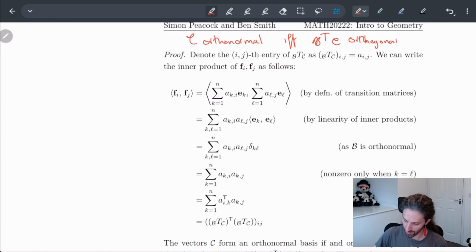So let's look at this. Let's look at the ij-th entry of the transition matrix from B to C, and we're going to denote it as a_ij. This is the notation we're going to be using for this transition matrix. Remember how it takes us from one inner product to another. So we're going to look at the inner product of f_i and f_j.